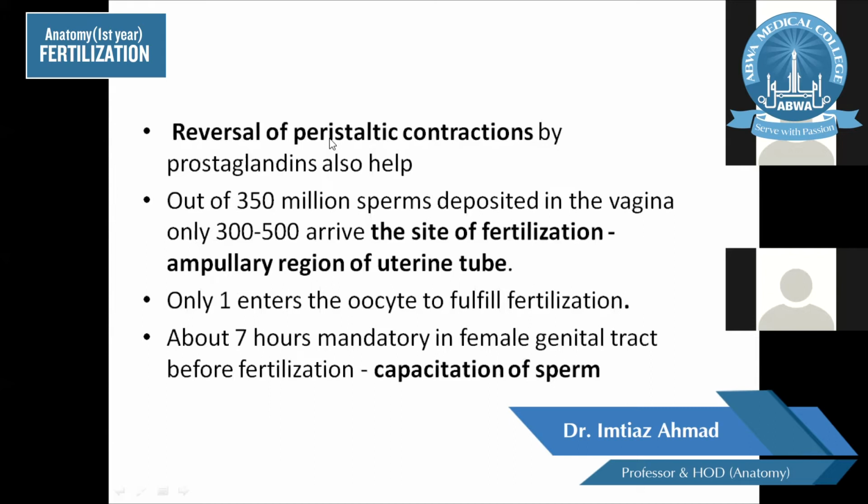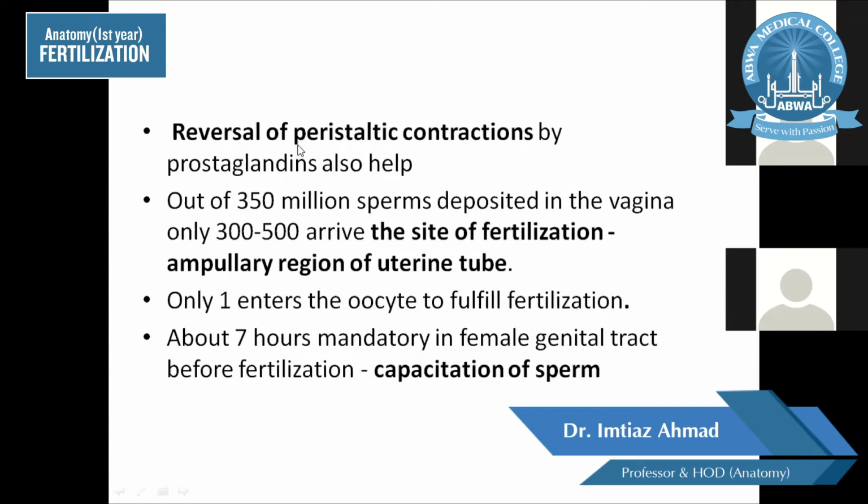So another thing to be remembered is that not only the tail movement of the sperm propels it upwards through the uterus, but also the peristaltic contractions, which are reversed from the lower to the upper side, from the cervix towards the fundus, or the upper part of the uterus, and then towards the fallopian tube's distal end.